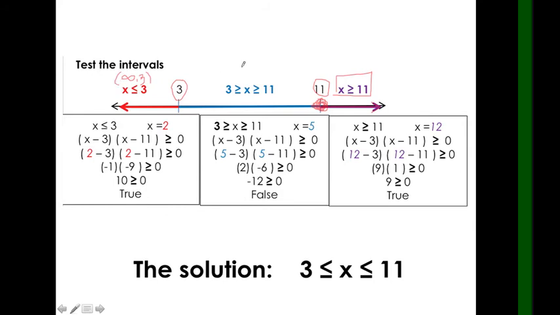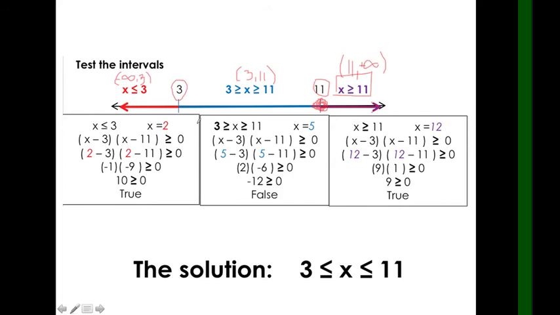And then for this one, we have 3 and 11. And finally, for 11, we have 11 to infinity. So I think this one is negative infinity, because this one is positive infinity.